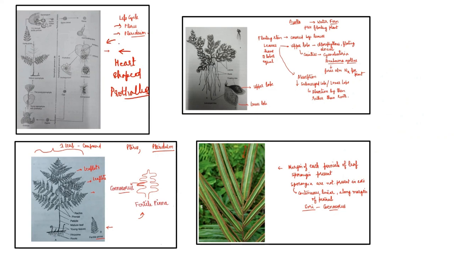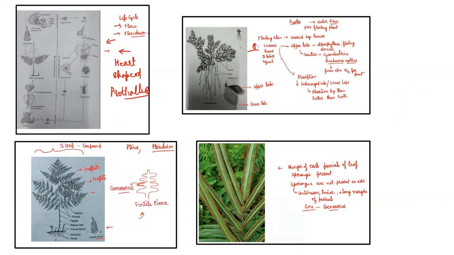Then talking about Azolla, which is called water fern or a free floating plant, in this the stem is floating and it is covered by leaves. So leaves are quite important. You can expect a question from leaves, as the leaves have an upper lobe and a lower lobe.